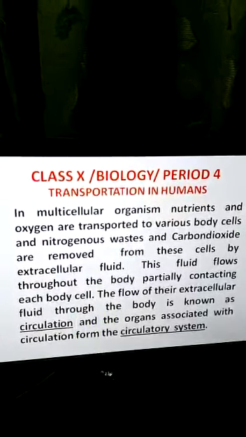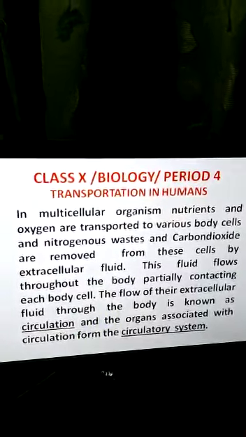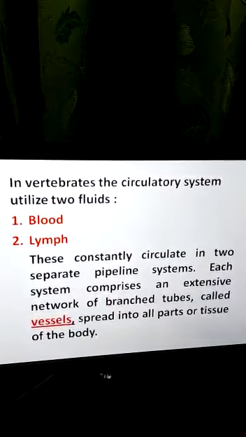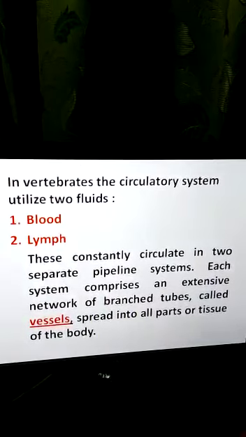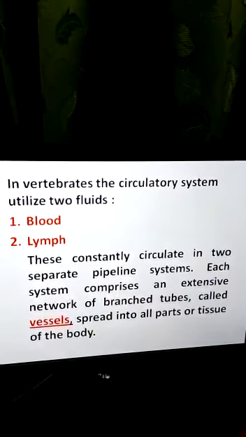the circulatory system. Next, in vertebrates, the circulatory system utilizes two fluids, one blood and the second lymph. These constantly circulate in two separate pipeline systems.